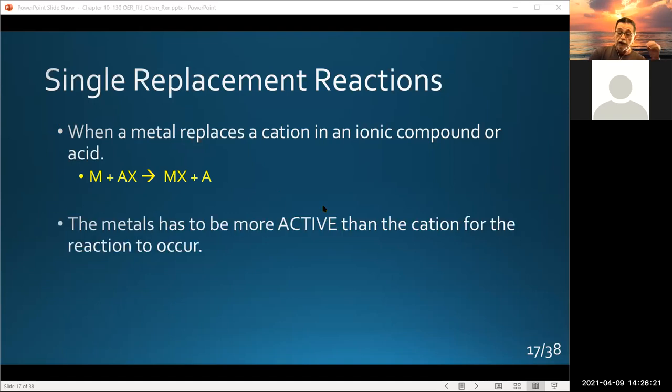Okay, so the thing to remember is the most reactive metal for a reaction to proceed has to be. Let me do it this way. I want to make sure I get it straight. There's no confusion.